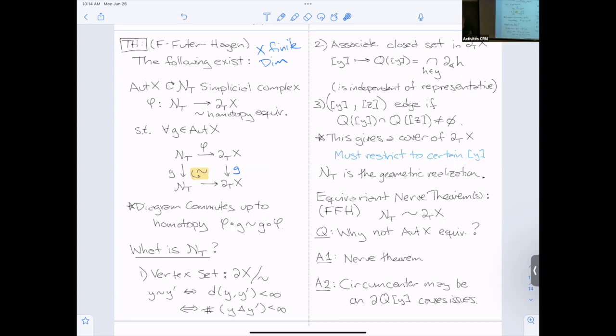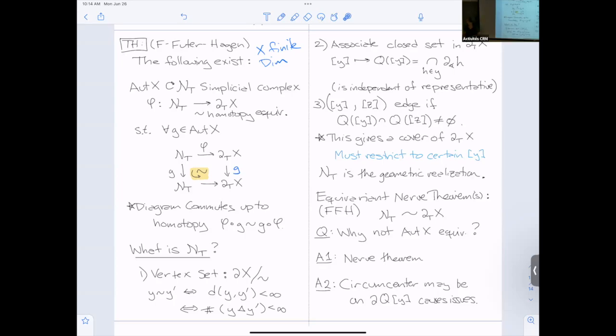So now we're going to connect such sets if they have a non-empty intersection. That gives you an edge. Then you get 2-simplices when you have triples with non-empty intersection, and so on.